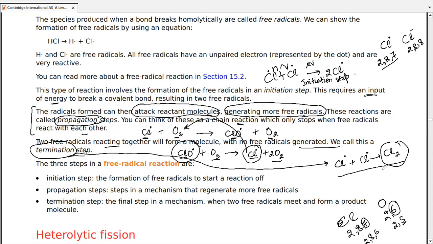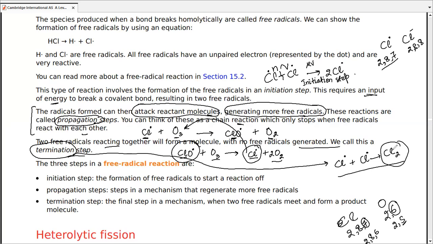And we keep saying chlorine is reactive. In fact, all of the halogens are reactive and they exist in the form of diatomic molecules because they actually are free radicals. And these free radicals are very reactive. As soon as they get a molecule to attack, they do. If they find another free radical, they form a bond. That's why all the halogens exist as diatomic molecules.